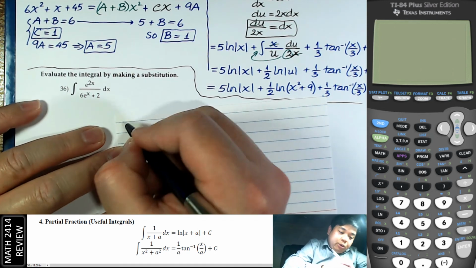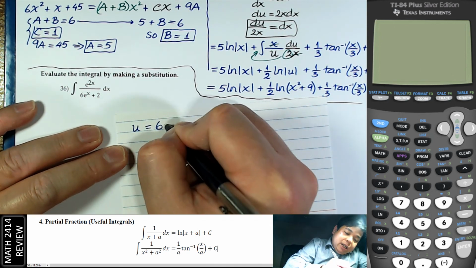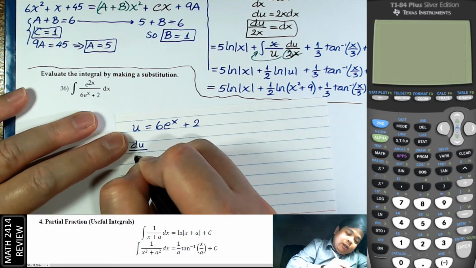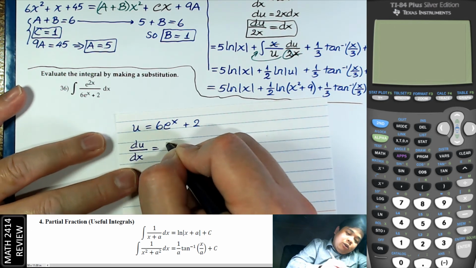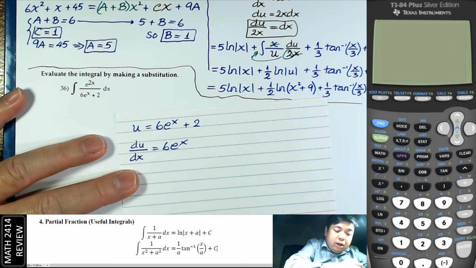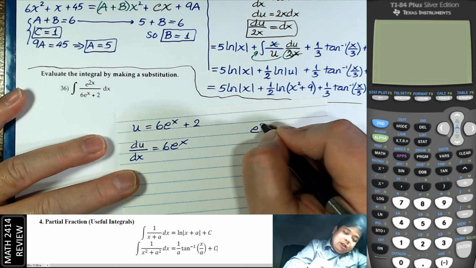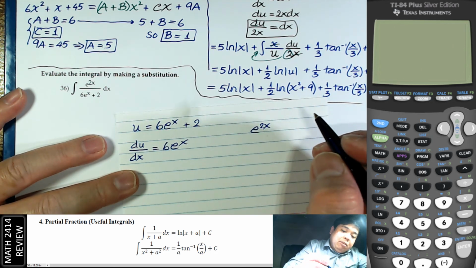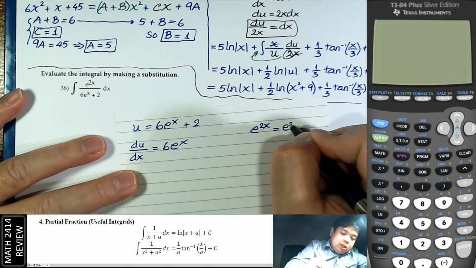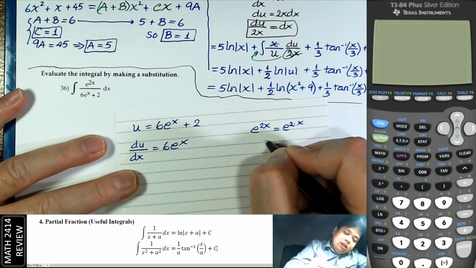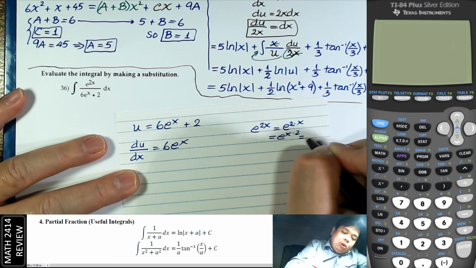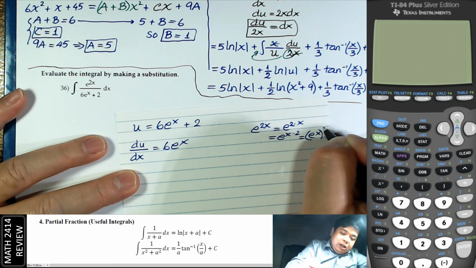If we let u be 6e to the x plus 2, the derivative is going to be 6e to the x. And by the way, e to the 2x here can be written as e to the 2 times x, or x times 2 if you will, which gives us e to the x squared.